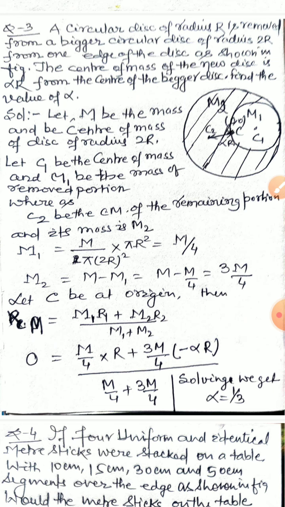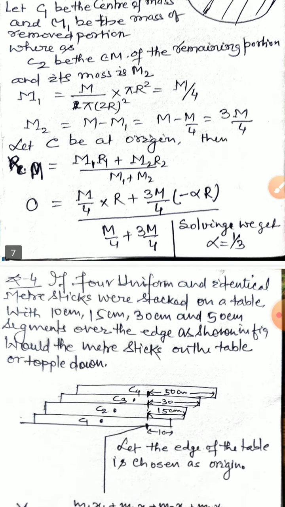Then the mass of the leftover disc m2 will be m minus m1. We will get the value of m1 and m2. Now let the origin lie at the center of the disc, that is C. So the value of r will be 0. Now put the value of m1 and r1 in the equation, you will get the result.